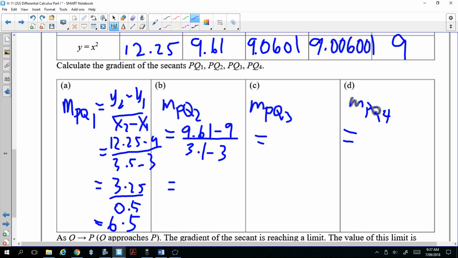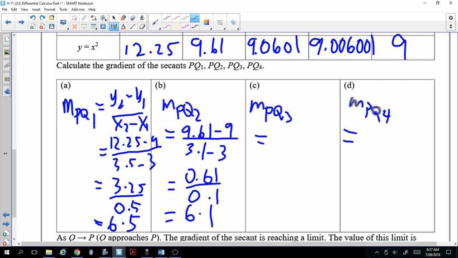And we'll do the same again. Alright, next one, 9.0601 minus 9 over 3.01 minus 3. What do you get? 0.0601 over 0.01, which is equal to 6.01.